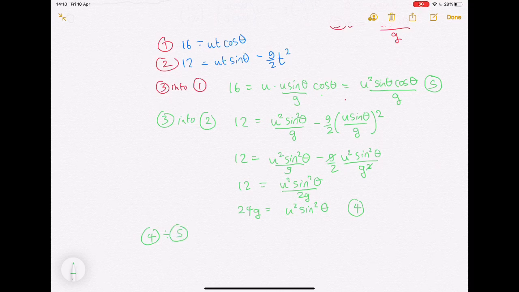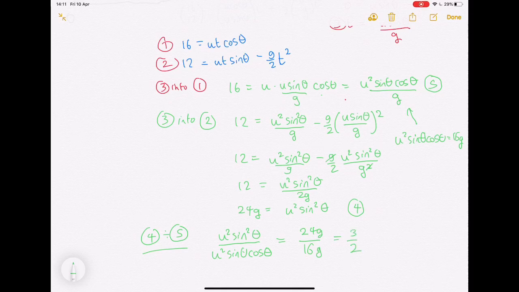Really what we meant to have here is u squared sine theta cos theta equals 16g, multiplying equation 1 by g. So dividing equation 4 by equation 5, we get u squared sine squared theta divided by u squared sine theta cos theta equals 24g divided by 16g, which is 3 over 2.